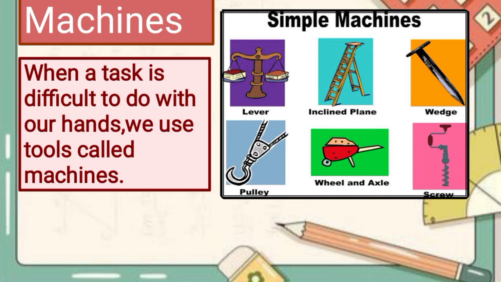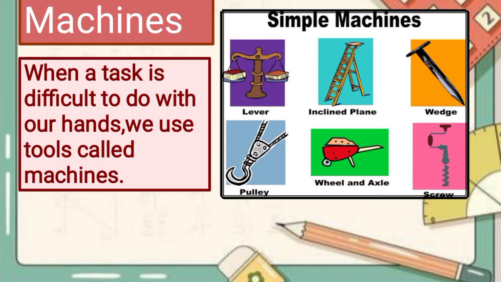First is the lever. A lever is a simple machine that is made up of a rod resting at a point around which it turns. It is used to lift or move heavy weights, cut things, or open the lid of a tin.